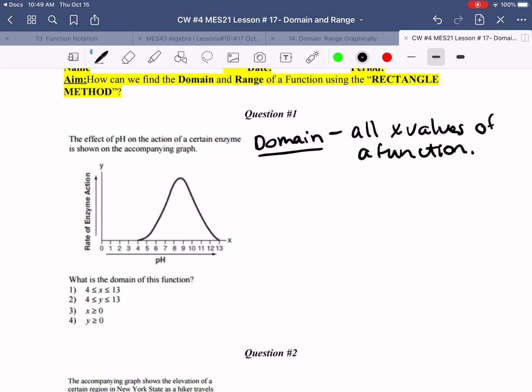And this is the x-axis, right? All the values on the x-axis for the graph, but all we're looking at is the function. So we want to know where the function starts and where the function ends. What is on the x-axis? It starts here and it ends here.